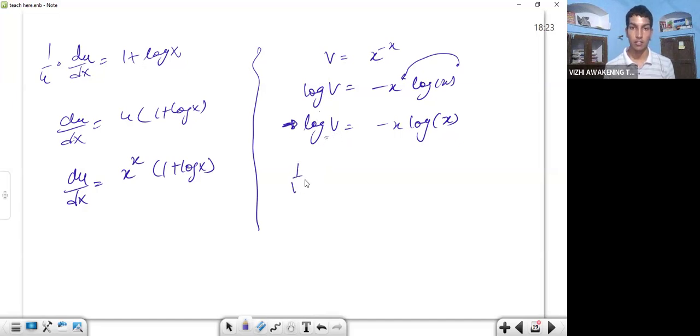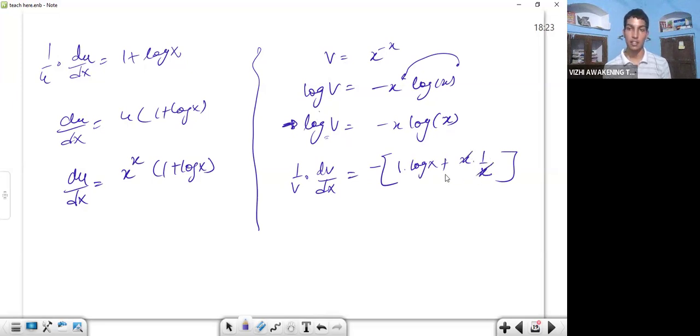Differentiating logarithm v, it will become 1 by v into dv by dx. Differentiating the right side, we will have to apply the same formula, that is the product rule. Minus x log x gives 1 into logarithm of x plus x into the derivative of logarithm of x, which is 1 by x, and this is 1. So 1 by v into dv by dx equals minus the logarithm x plus 1.